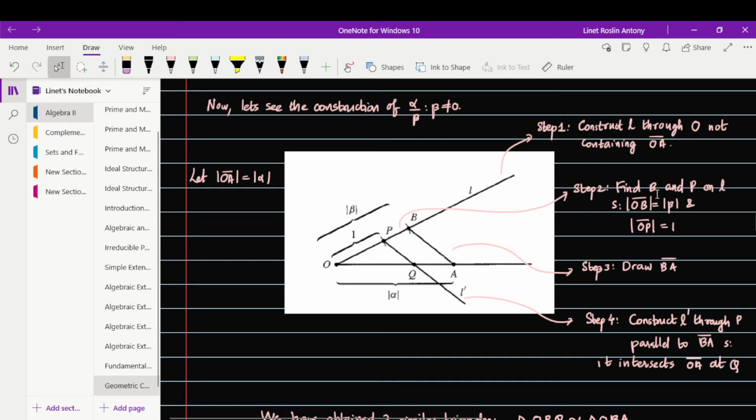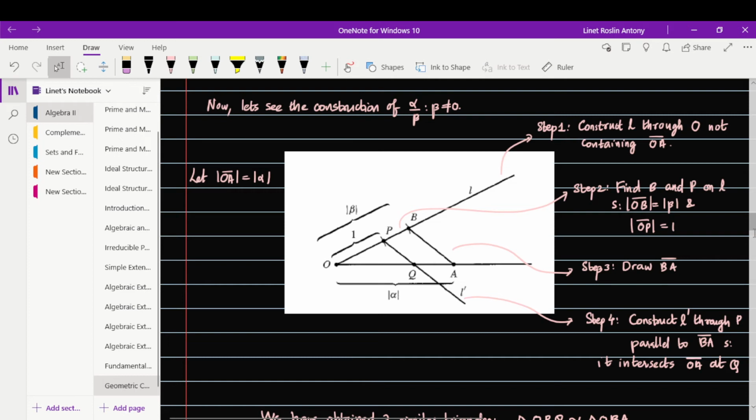Step 2 is to find B and P on this line L such that OB bar is equal to modulus of beta and OP bar is equal to 1. The third step is to draw BA bar, just joining B and A together. Step 4 is to construct L dash through P, parallel to BA bar, and this parallel line should cut OA bar at Q. This is how the picture looks.